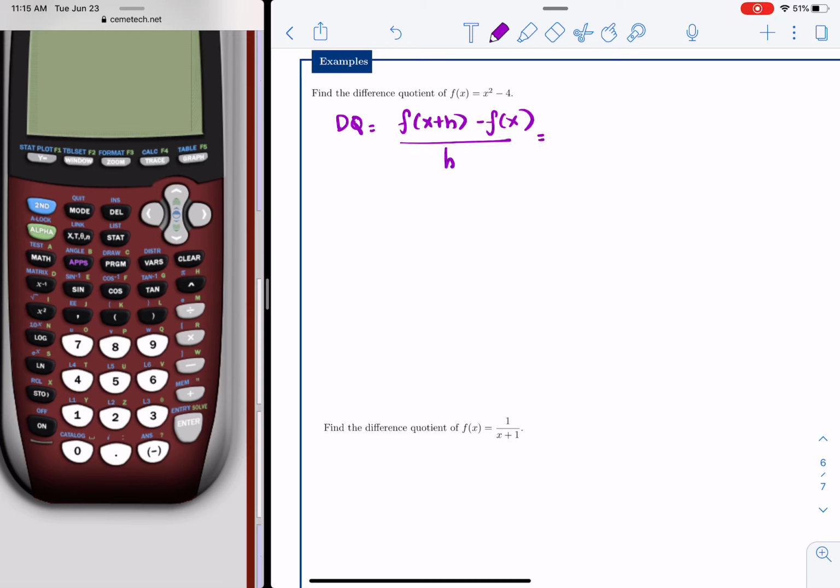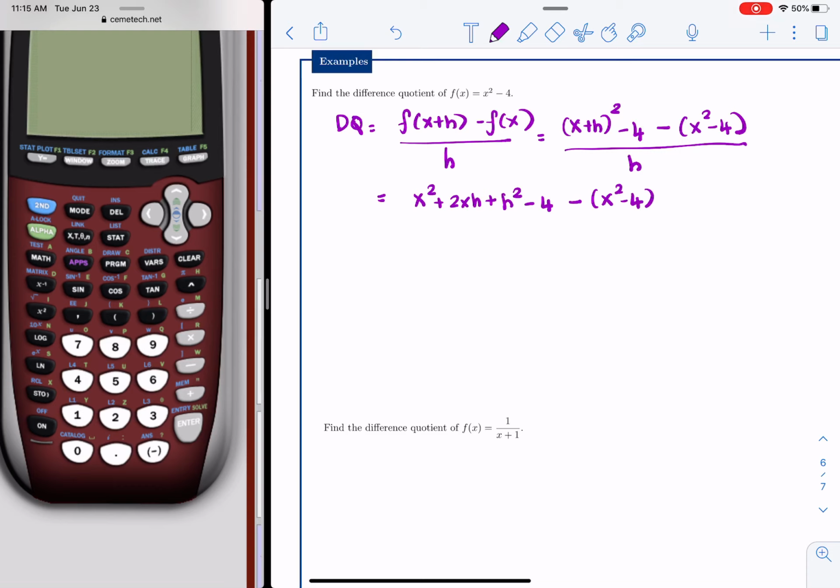The function is x squared minus 4, so x plus h squared minus 4 minus x squared minus 4 divided by h. If I FOIL, I have x squared plus 2xh plus h squared minus 4 minus x squared minus 4.